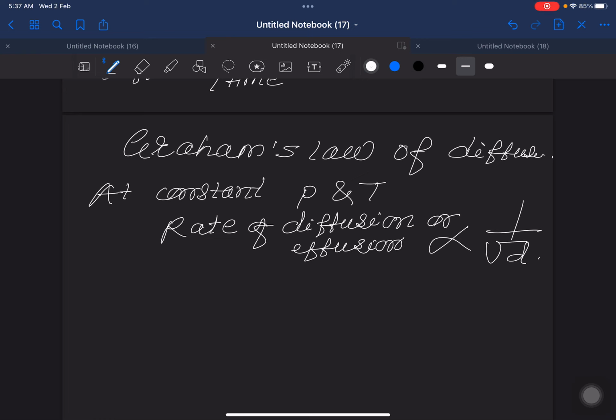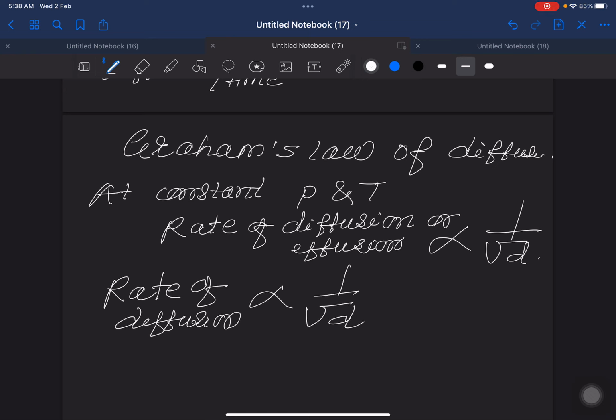अब rate of diffusion को कैसे बोलते हैं हम लोग? Rate of diffusion is inversely proportional to under root of d. ठीक है. अब R1 R2 represent the rates of diffusion of two gases, gas 1 and gas 2, and D1, D2 are their densities.